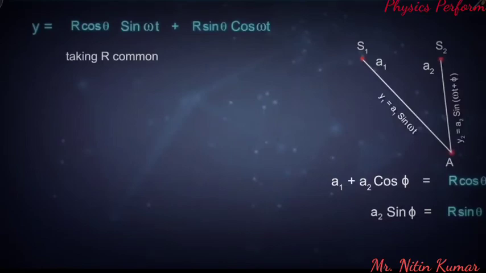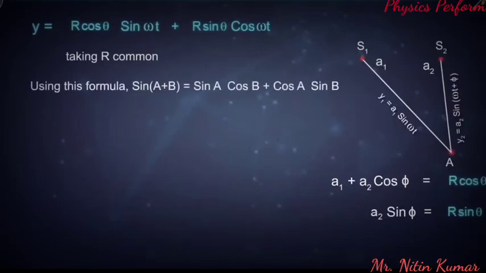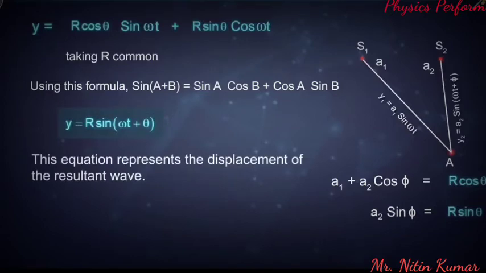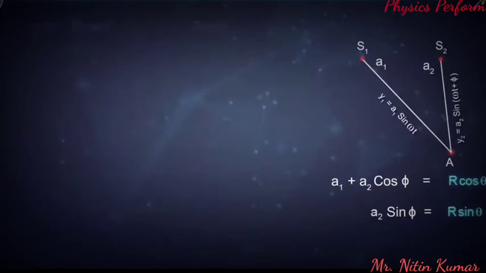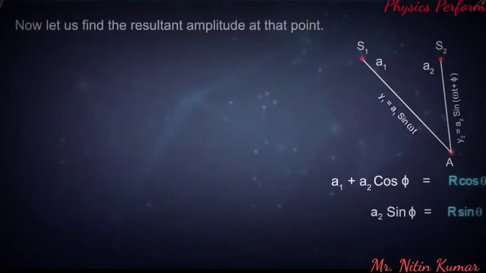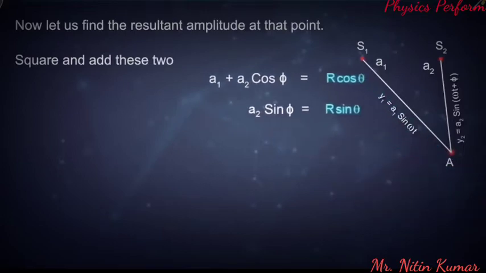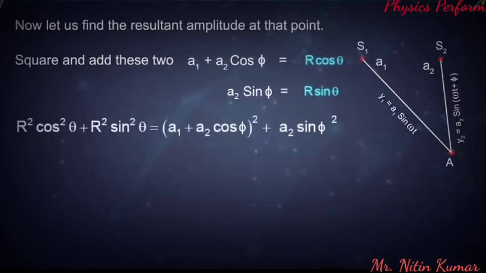Now take R common. Using this formula, this expression can be written as y = R sin(ωt + θ). This equation represents the displacement of the resultant wave. Here R is called the resultant amplitude and θ is the phase angle between the first wave and the resultant wave at that point. Now let us find the resultant amplitude at that point. For that, square and add these two expressions.